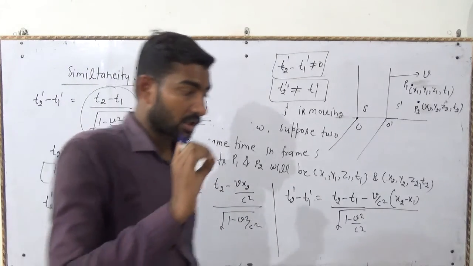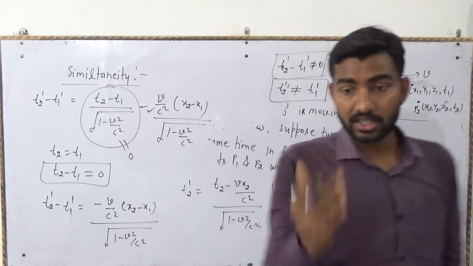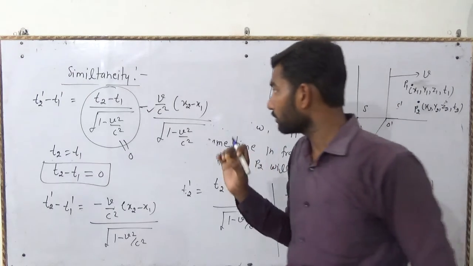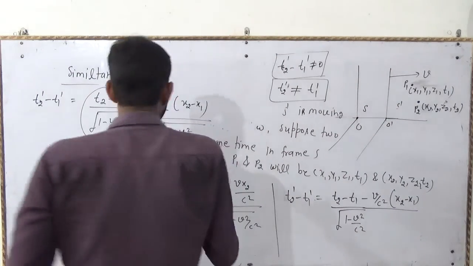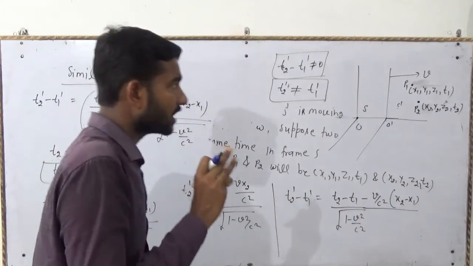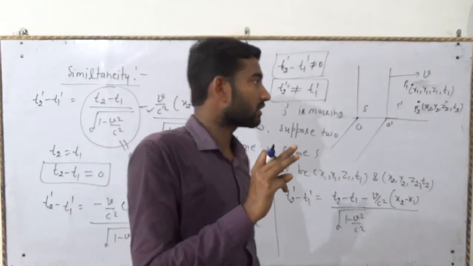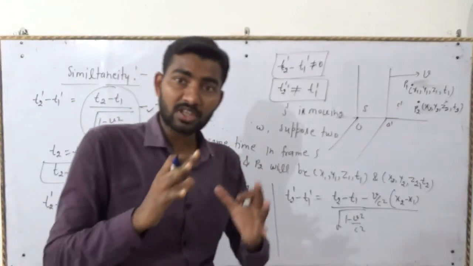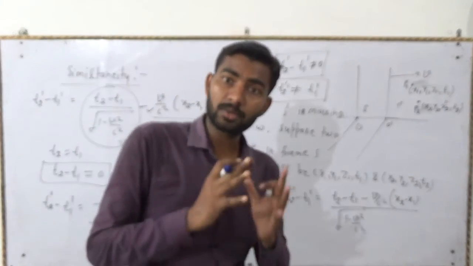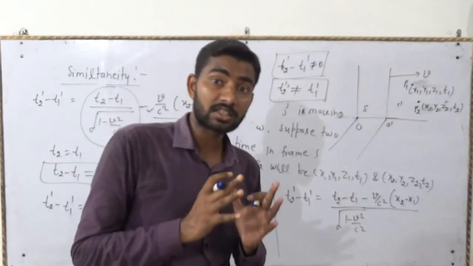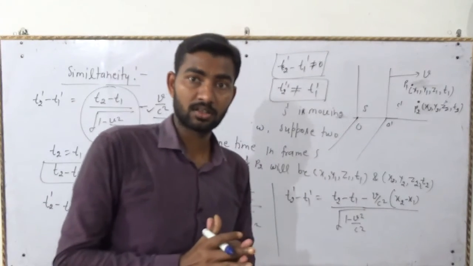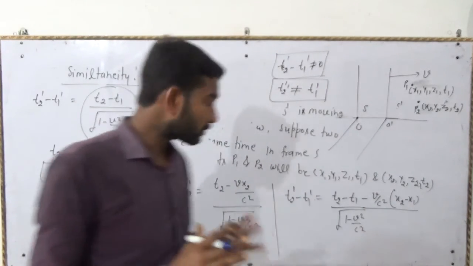I hope the result of this topic has been clear to all of you. So friends, we can say that simultaneity is not absolute. It is changeable. Here we have proved it.